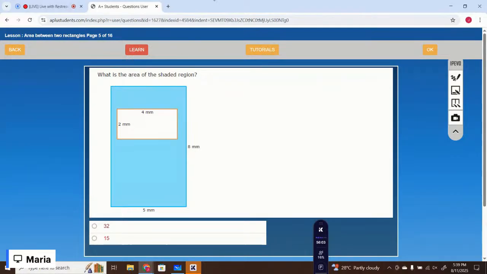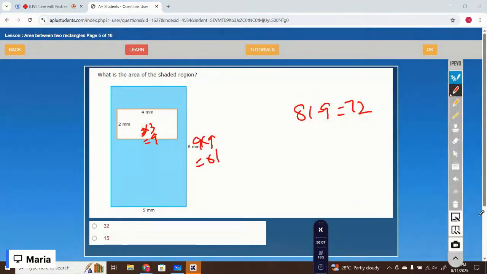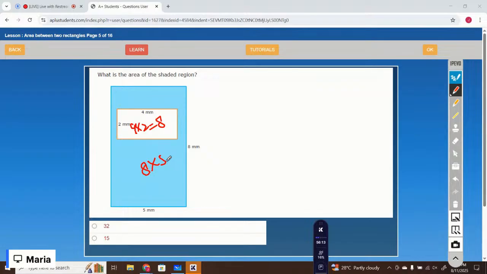What is the area of the shaded region? 4 times 2 is 8, and 8 times 5 is 40. 40 minus 8 equals 32.